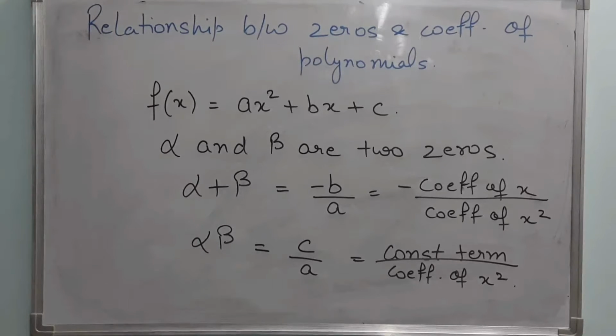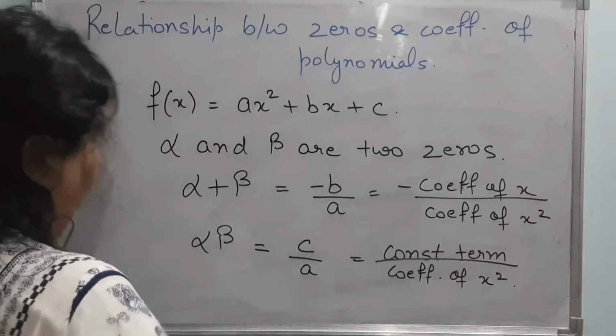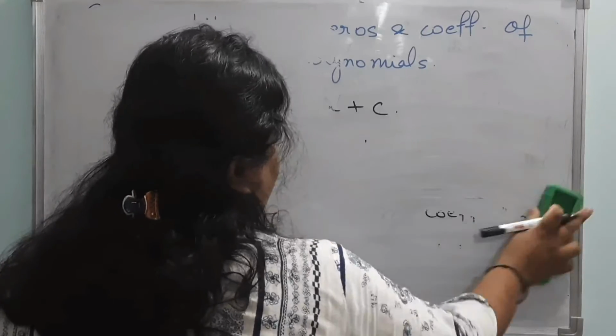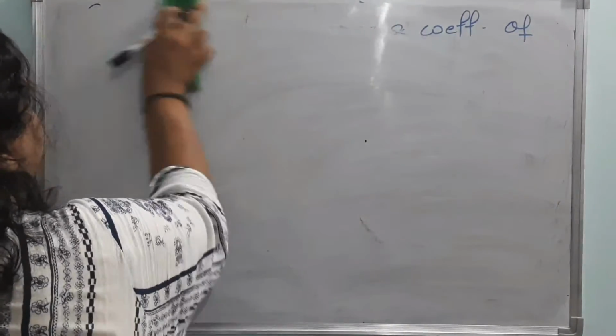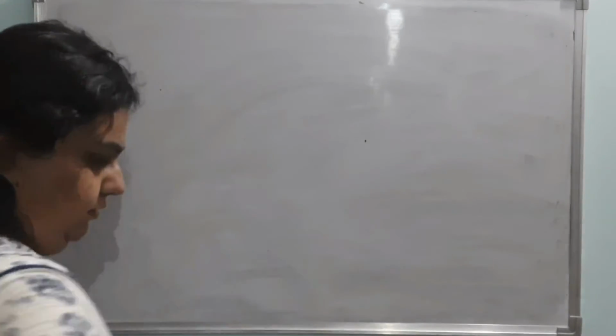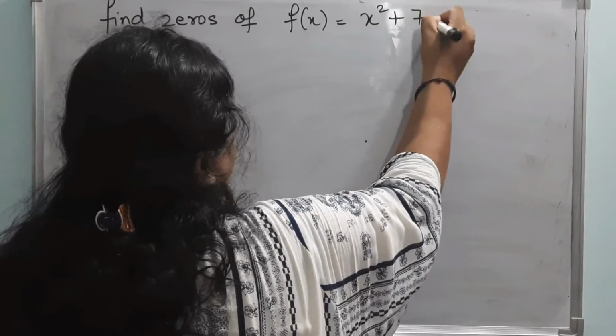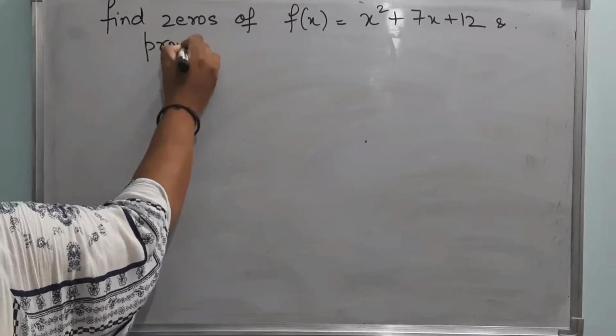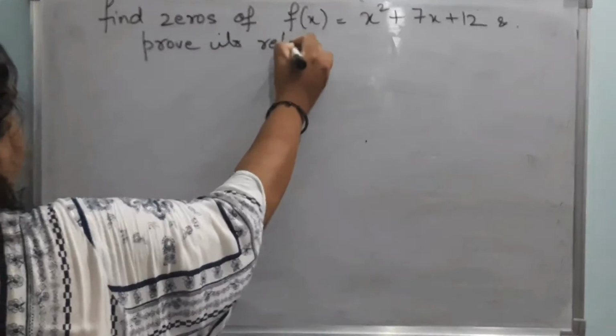So these are the relationships between zeros and coefficients of a quadratic polynomial. Now, what will be the question you get? Suppose the question is: find the zeros of the quadratic polynomial f(x) equals x square plus 7x plus 12 and prove its relationship.